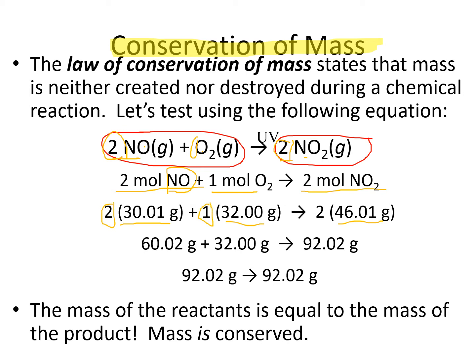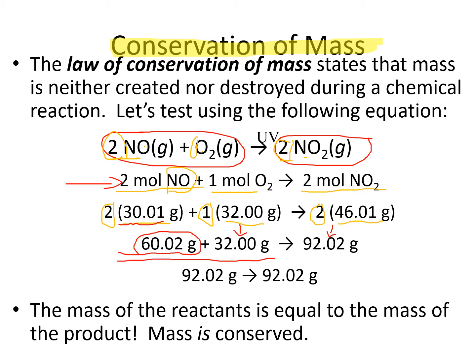Remember, a molar mass means grams per mole. So if I have 2 moles of nitrogen monoxide gas, I have 2 times 30.01 grams, which means I have 60.02 grams.